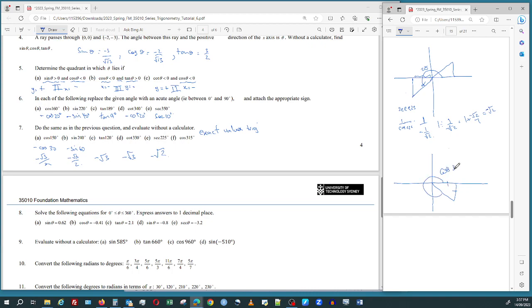Cos 315 is looking at the x. Okay, the x is 1 on root 2 positive. Cos 315 is 1 on root 2. So the equivalent is just going to be this one up here, which happens to be the same thing, which is 1 on root 2. So the answer is 1 on root 2.